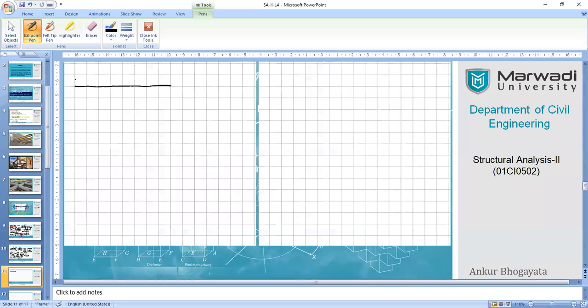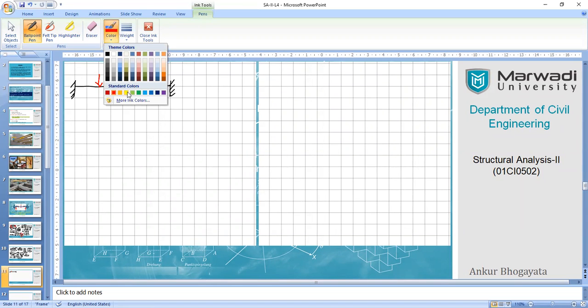All right, so this is your fixed beam condition. Both ends are fixed, right? Now we have the first force at, let us say, 1 meter distance from point A. Then we have, let's say, a UDL, right?